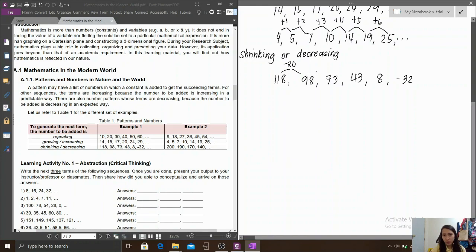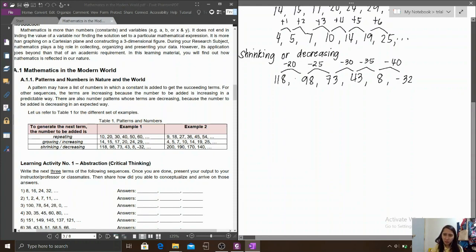Next, in order to get 73, we will add negative 25 to 98. For the next one, in order to get 43, we'll add negative 30 to 73. And so goes negative 35, and this is negative 40. Notice that the number to be added in order to generate the next term is decreasing.